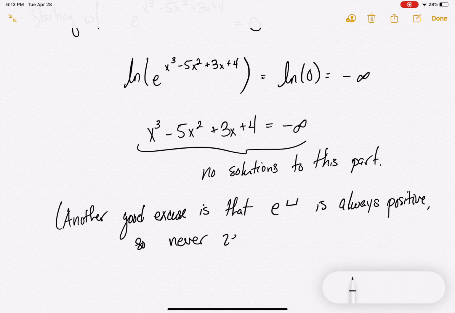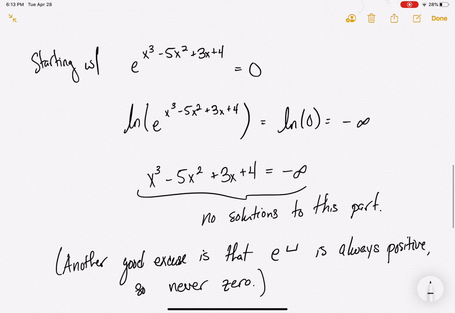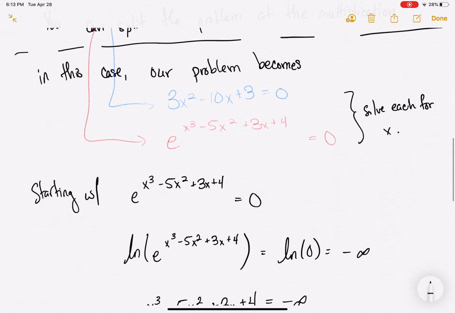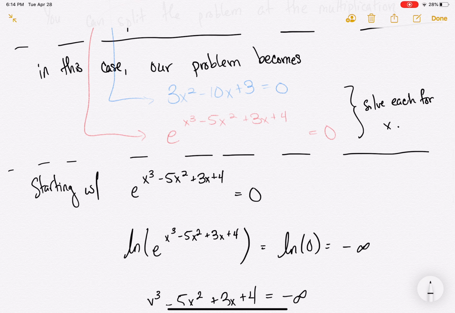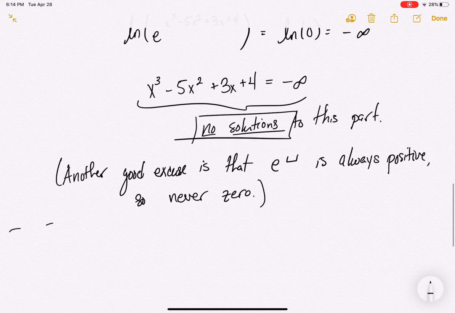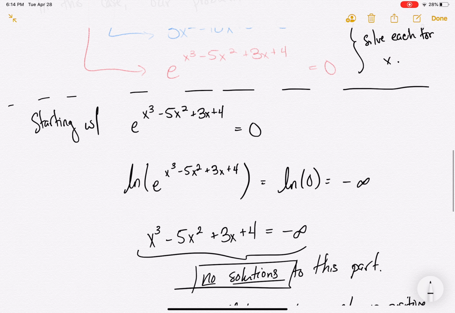However you want to think about that is fine with me. But either way, there are no solutions to this part. But that was just the first of these two parts, right? The other one is solving this polynomial equation. Call this part 1.